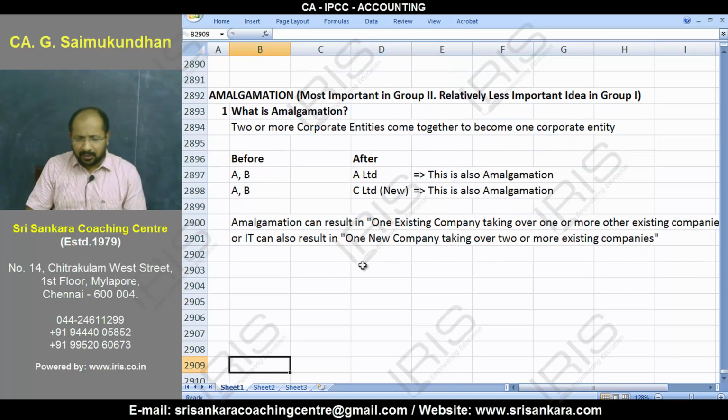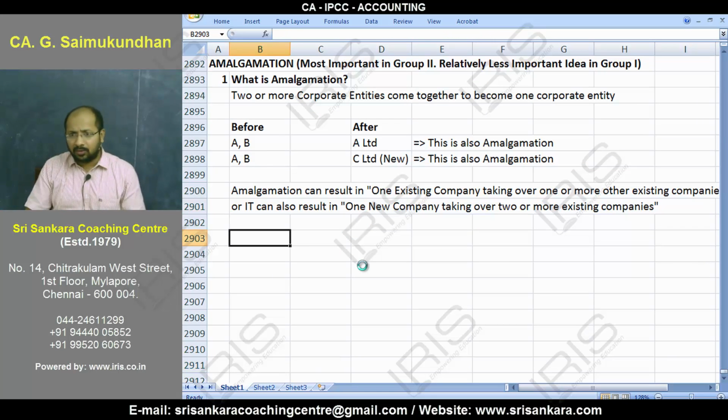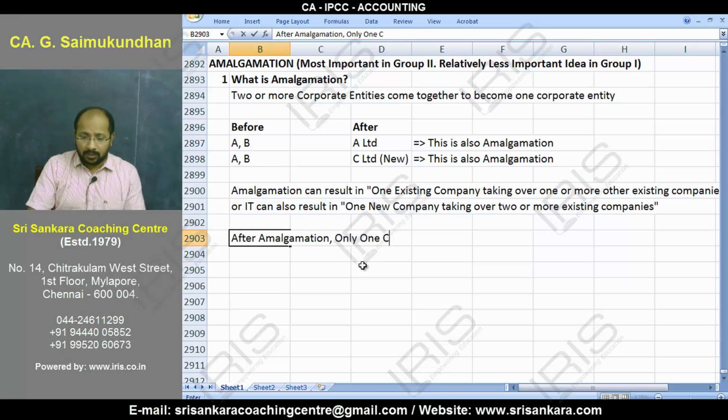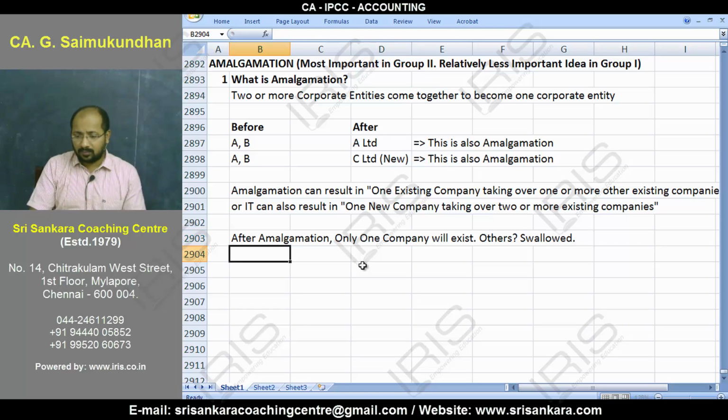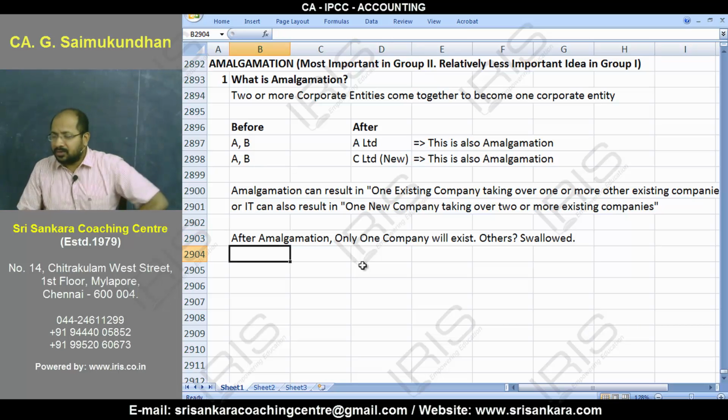So what exactly is an amalgamation? The ultimate concept is that at the end of amalgamation, only one company will exist. What about the others?